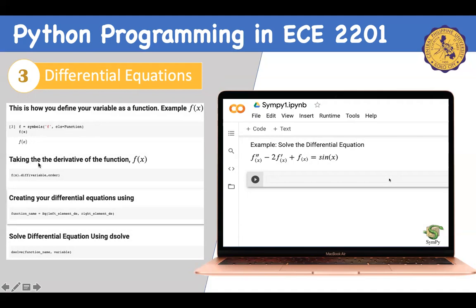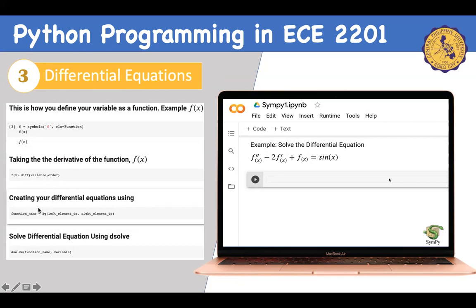Now, if you want to take the derivative of the function of x, you can just say f of x dot diff. Take note, we already know how to use diff: the variable, in that case x, and the order. For example, if you want second order, you may put 2 here.